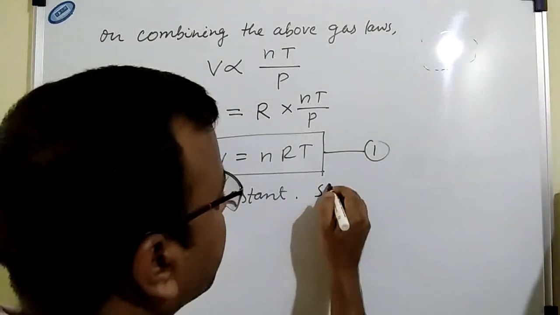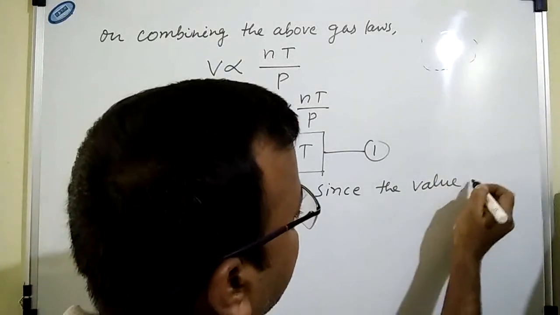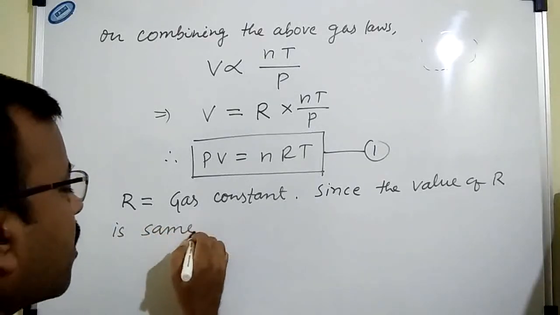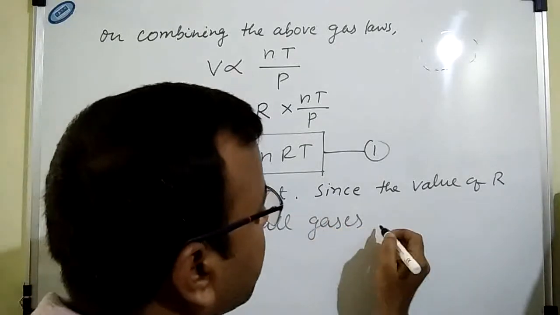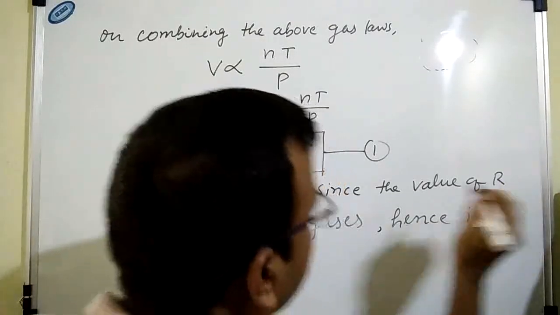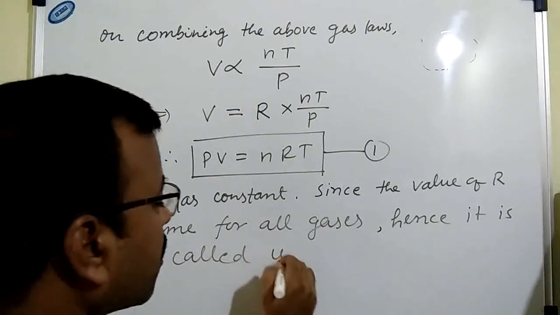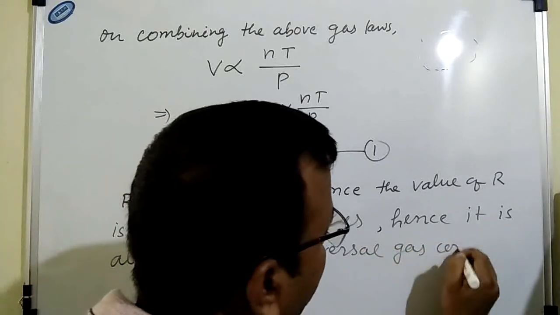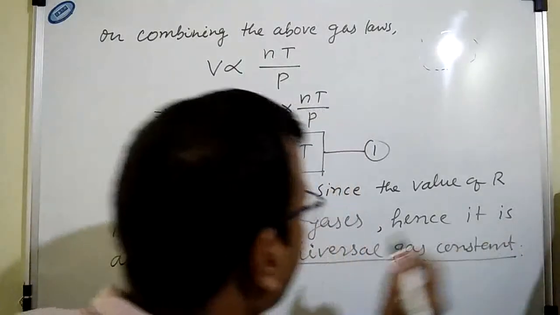Since the value of R is the same for all gases, it is also called the universal gas constant.